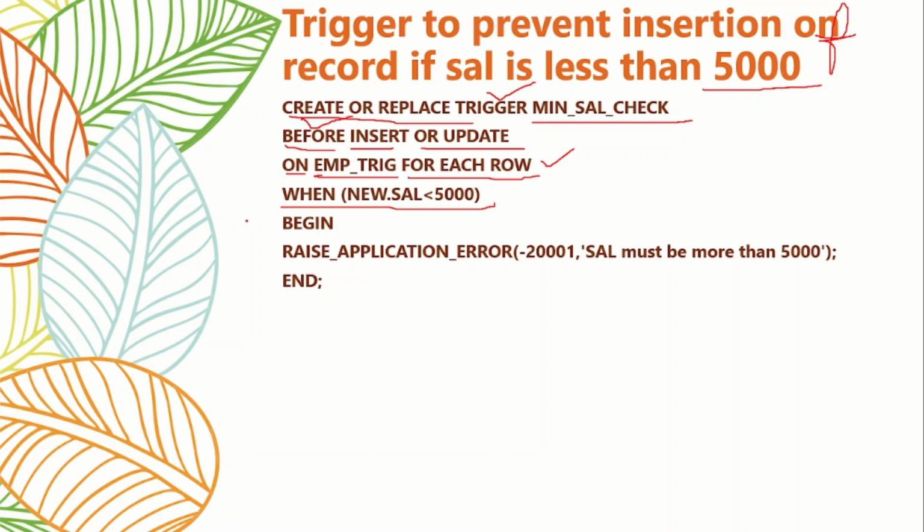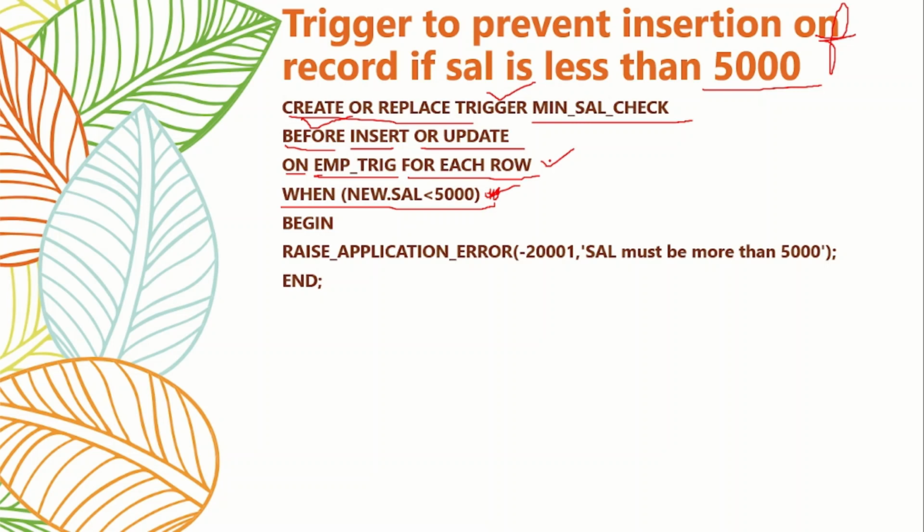Even if you try to update, even before the update, it will check whether the updated value is going to be less than 5000 or 5000 and above. If it is less than 5000, it will be fired. If not, it will not be fired. So this is your trigger restriction.